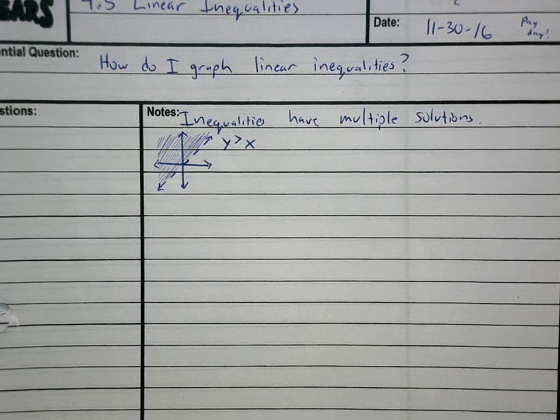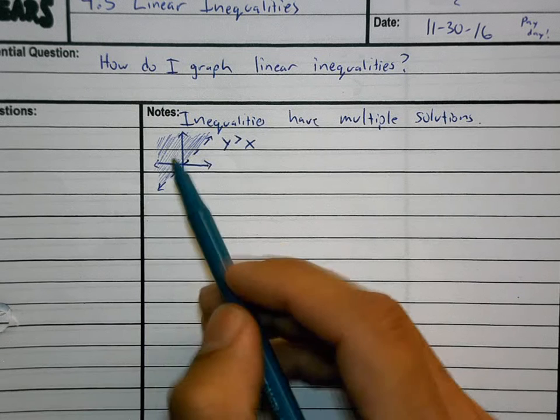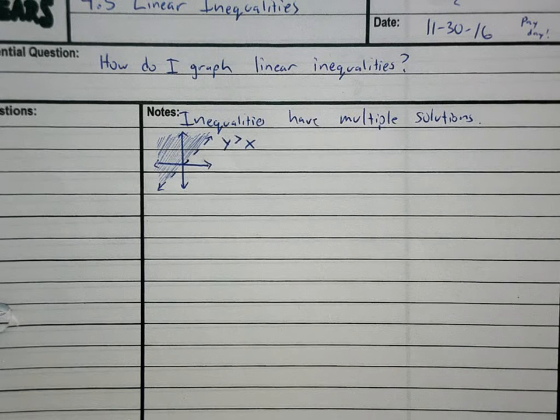So when we shade it, how would we figure out the number answer? There isn't just one number answer. There are tons. There are multiple number answers. The multiple answers, where it's shaded, is where the solutions are.